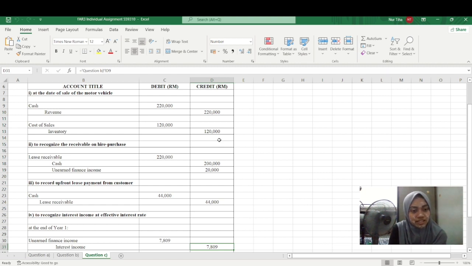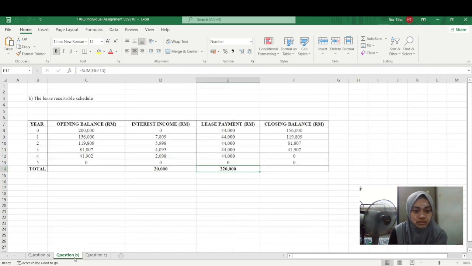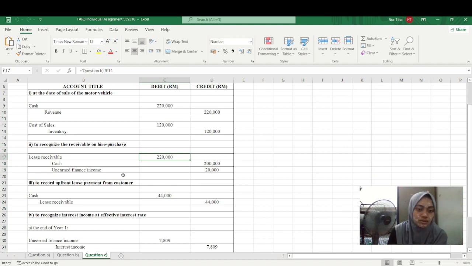Next is to recognize the receivable on hire purchase. Debit is lease receivable 220,000. We can get this amount from the schedule at question B. We credit cash 200,000, and we also credit unearned finance income 20,000.